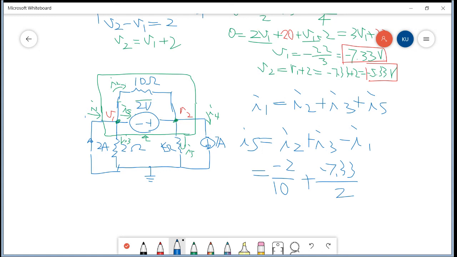And I1 is nothing but 2A, so minus 2. So this is minus 0.2 minus 3.667, and minus 2.